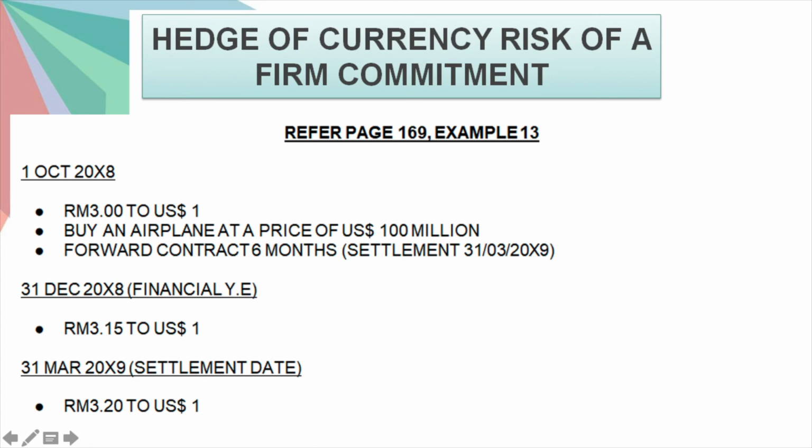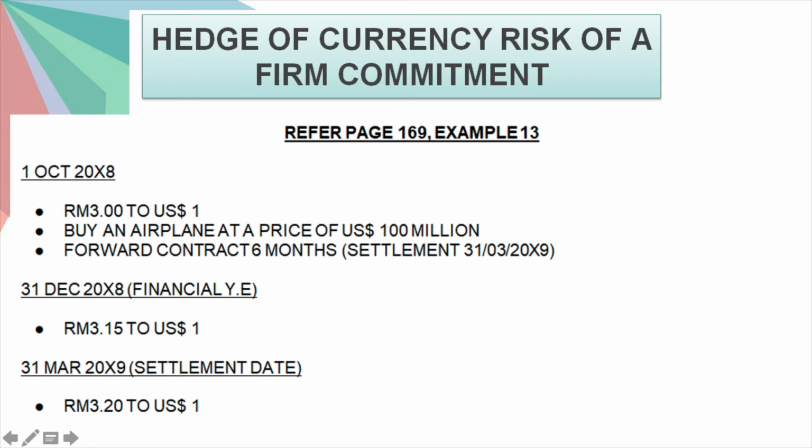Next, hedge of currency risk of a firm commitment. I took this example from the textbook, refer to page 169, example 13. On 1st October 2008, at 3 ringgit to 1 US dollar, the company buys an airplane at a price of US dollar 100 million and uses a forward contract for 6 months, with settlement on 31st March 2009.